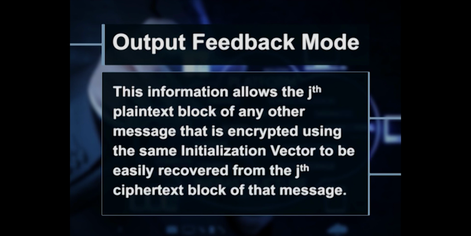This information allows the jth plaintext block of any other message that is encrypted using the same initialization vector to be easily recovered from the jth ciphertext block of that message. Confidentiality may similarly be compromised if any of the input blocks to the forward cipher function for the encryption of a message is designated as the initialization vector for the encryption of another message under the given key.